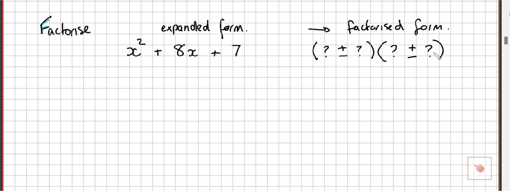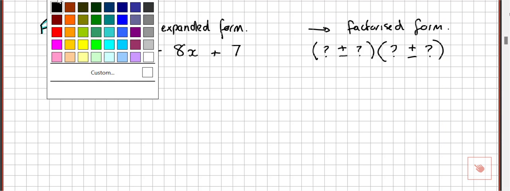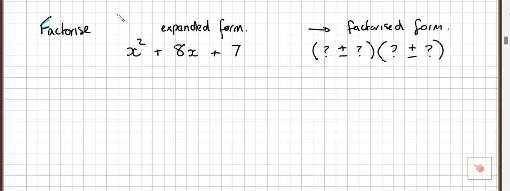Would anyone like to have a go? Well, I'll give you one thing, which is x squared can only be done with the x times x.